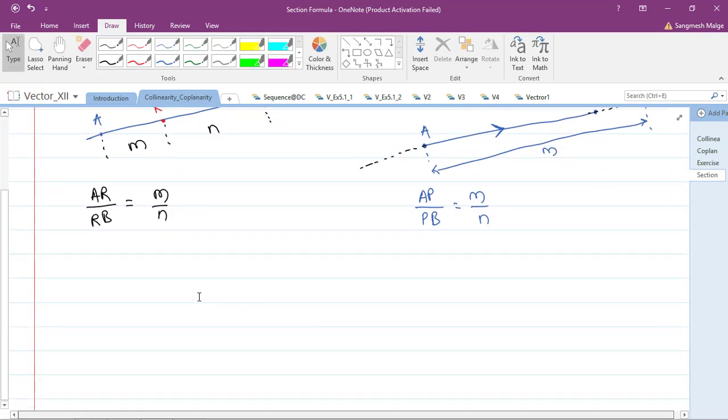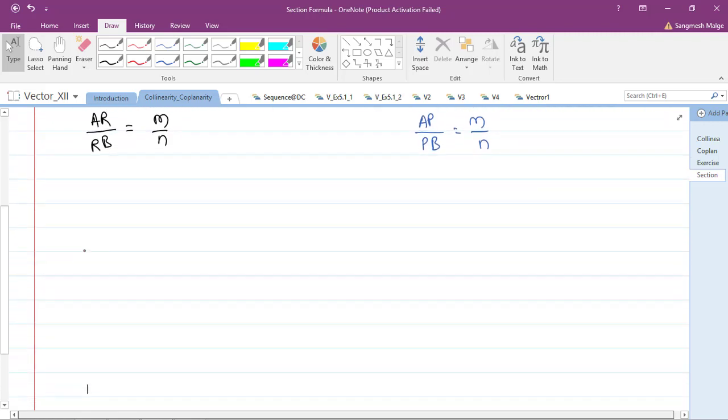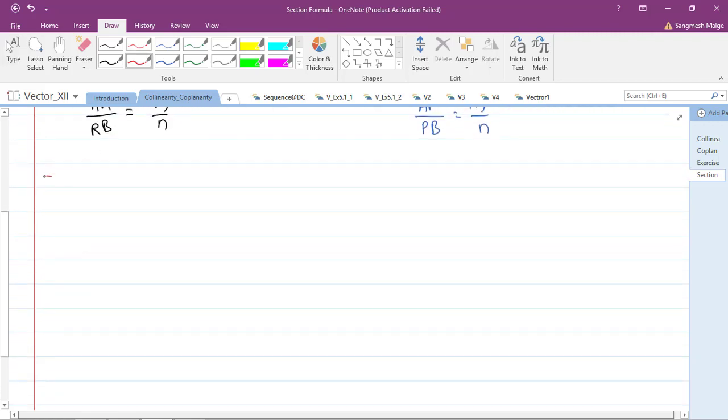Now let's derive the formula. Based on this internal section we have one theorem, called the section formula. So theorem number 5, everyone please make a note of this very important theorem. What is the statement?